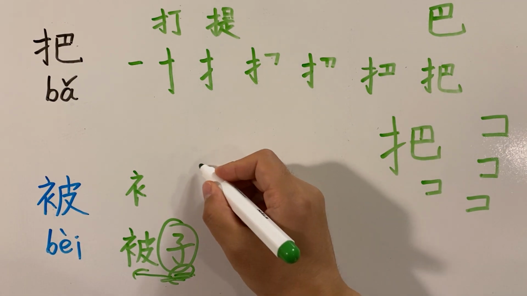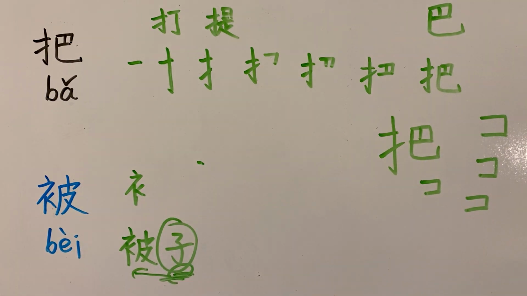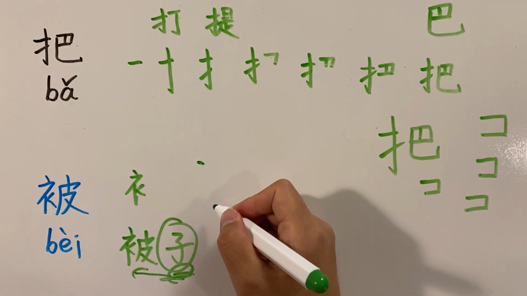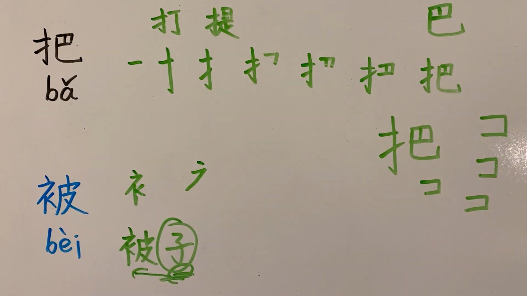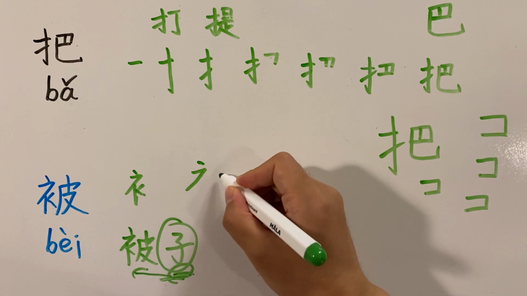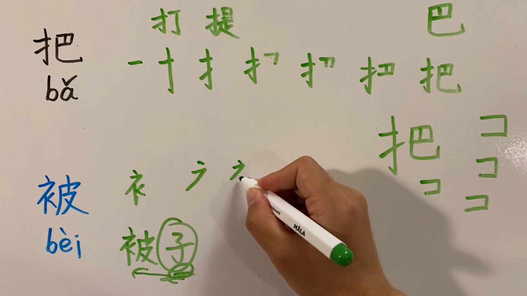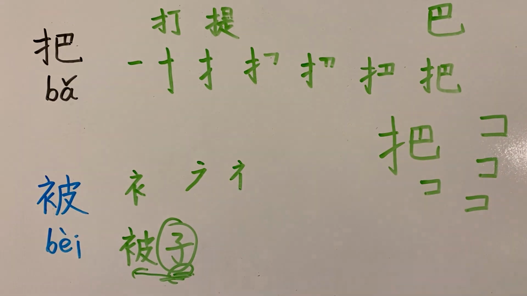So we're going to break down this 被. The left part: this is the first stroke. We call it 点, a little spot. The second one is 横撇: 横 means a horizontal stroke followed by a 撇 stroke. And the third, a vertical stroke.